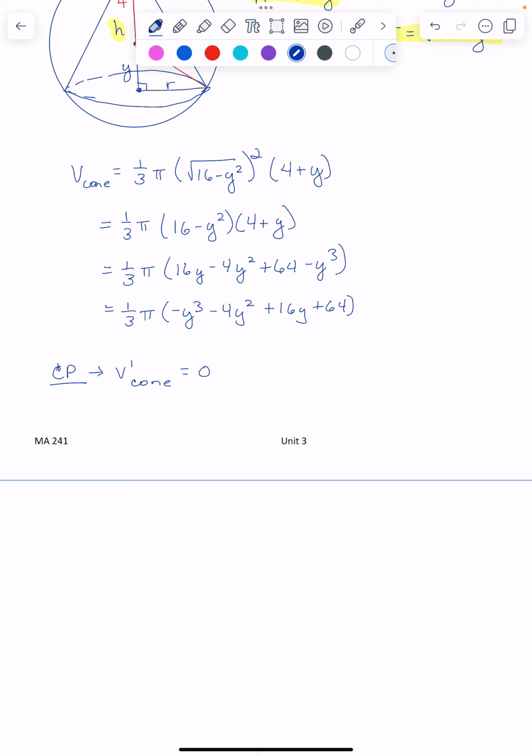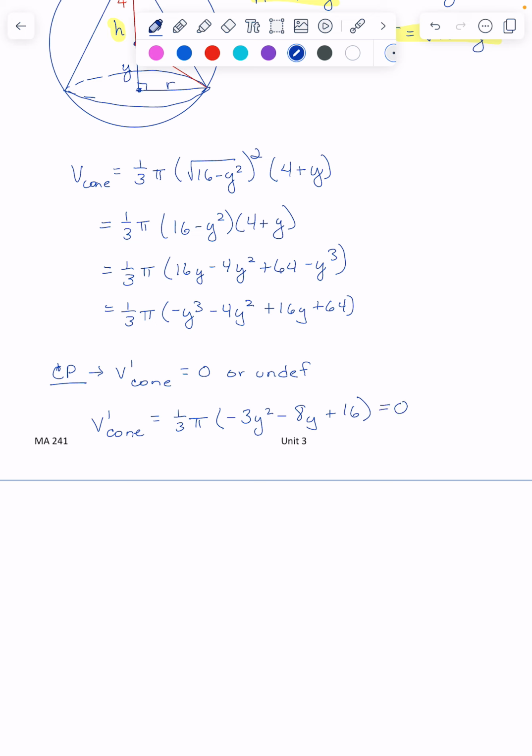I can also look where it's discontinuous or undefined, but this particular one is not going to be for any critical points. So if I take my derivative, V prime of cone, the 1/3 pi stays the same. Those are just constants. If I take the derivative of the inner, I'm going to get a negative 3y squared minus an 8y plus a 16. All right, and all of that's going to equal 0.